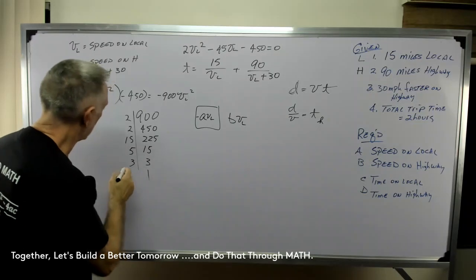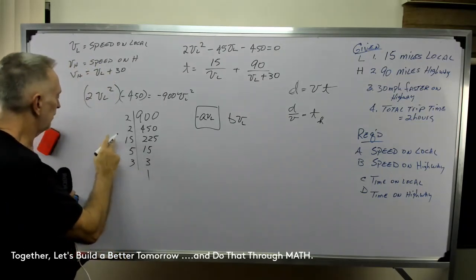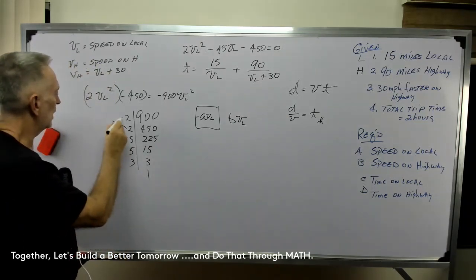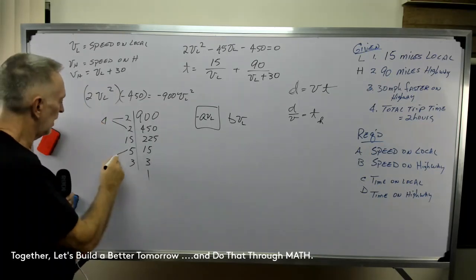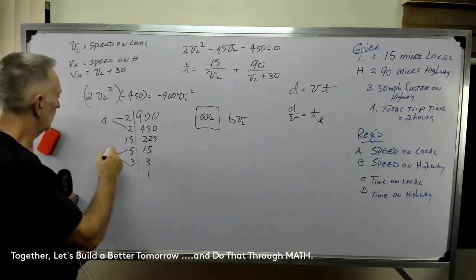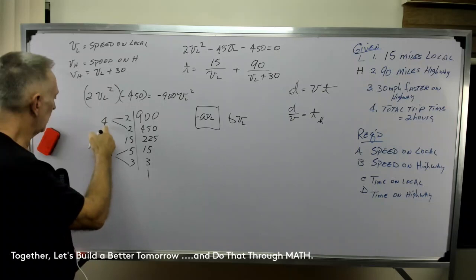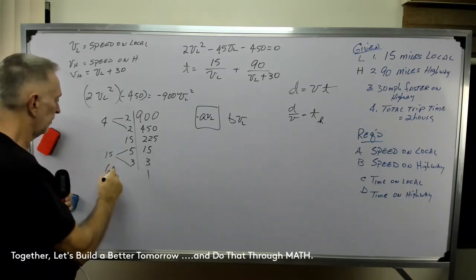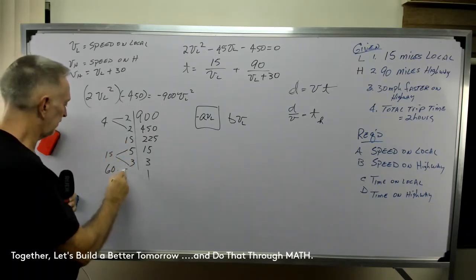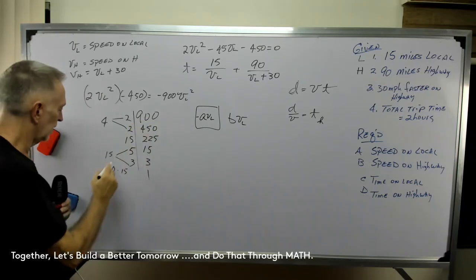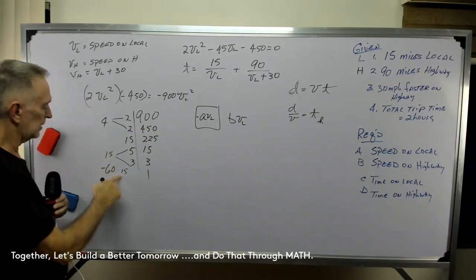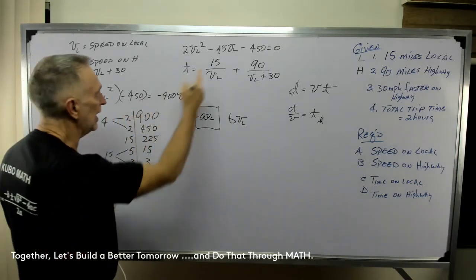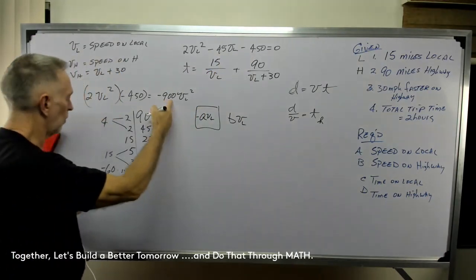Now what do I have? I have a 15. 2 times 2 is 4. 5 times 3 is 15. 15 times 4 is 60. I have a 60 times 15 gives me 900. Negative 60 times 15 gives me a negative 900, which is what I wanted.